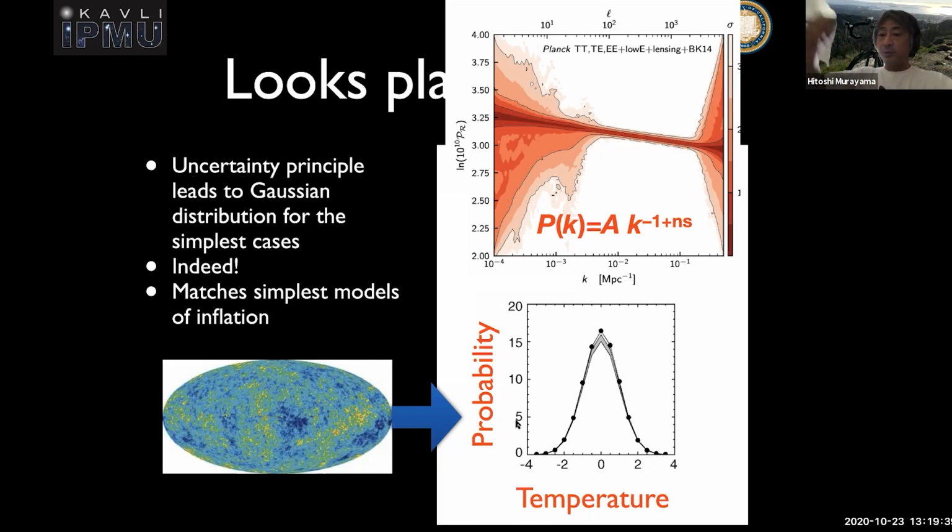Once that is stretched over the horizon scale, the universe, quote unquote, observes the quantum fluctuation and the wave function collapses to a particular classical value of the metric field. Once it becomes classical, that is basically the gravitational wave.